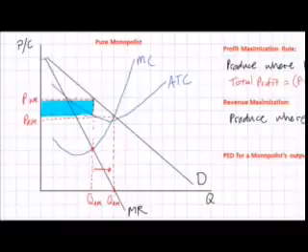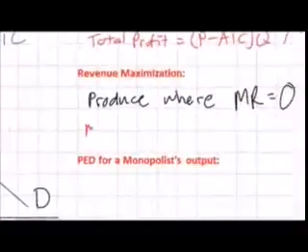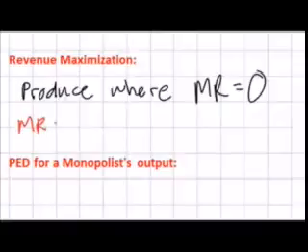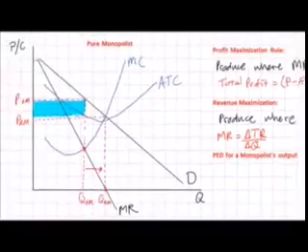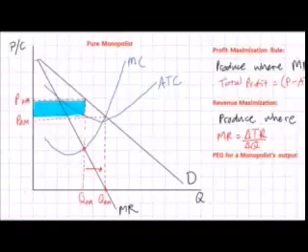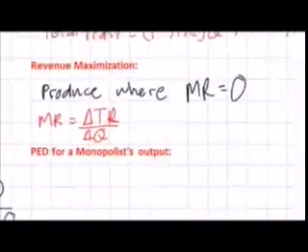Well, we need to remember what marginal revenue represents. Marginal revenue is the change in total revenue resulting from a particular change in output. In other words, as the firm's output increases from 0 units here at the origin to QRM, its marginal revenue is positive.